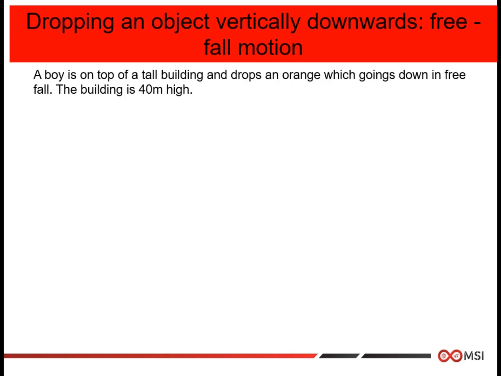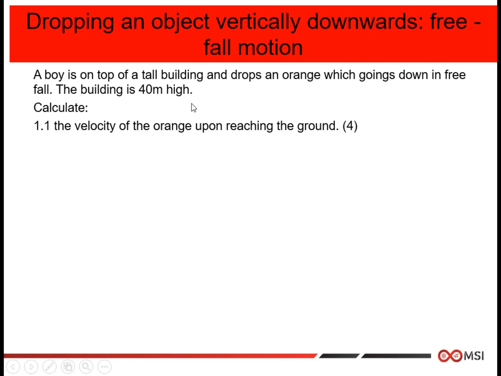Okay, a boy is on top of a tall building and drops an orange, which is going down in free fall. The building is 40 meters high. Calculate the velocity of the orange reaching the ground. The second question says, calculate the time taken for the orange to reach the ground.